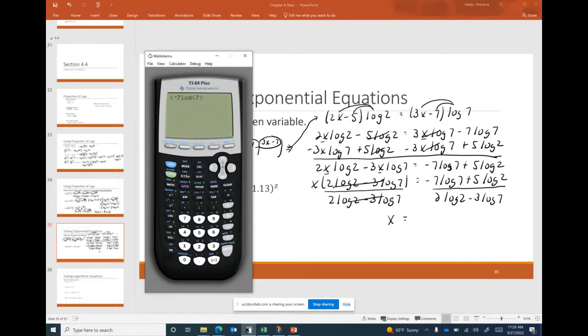Okay, negative 7 log 7 plus 5 log 2. All right, that's the numerator, so let me close that off with a parenthesis. And then it'll be divided by, and here's the denominator. I'll put that in parentheses as well. The denominator is going to be 2 log 2 minus 3 log 7.